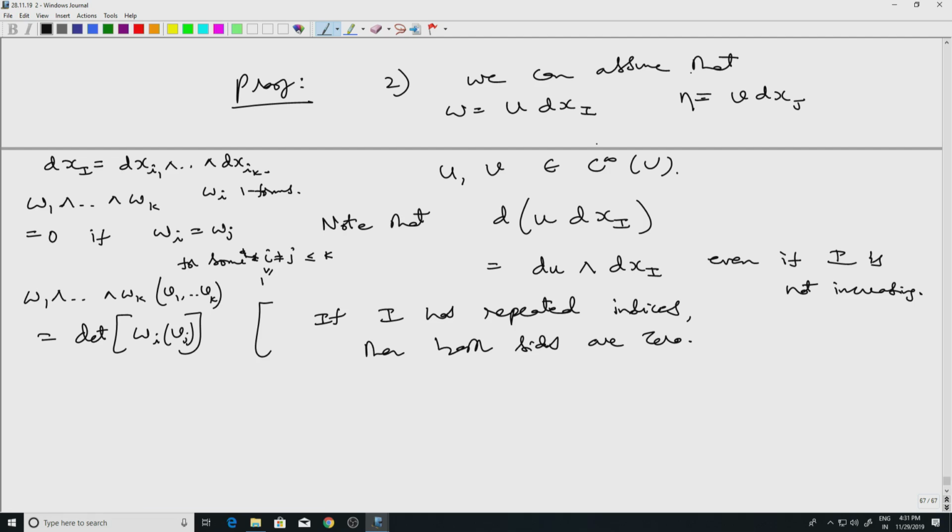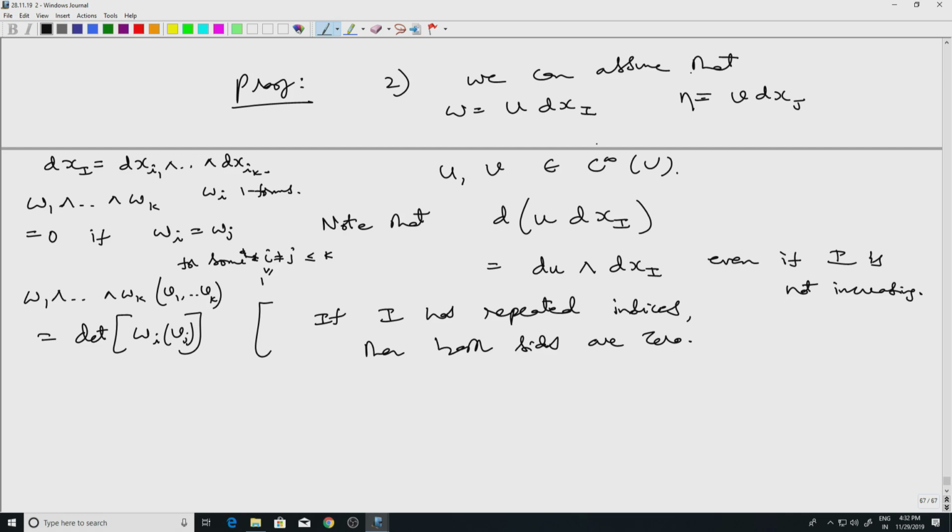So the determinant will be 0 no matter what v_1, v_2, ..., v_k are. One gets this, or one can also see it using the anti-commutativity property of the wedge product. So coming back to this, if I has repeated indices, then some dx with some index will be equal to dx with some other index. So therefore the wedge product will be 0.